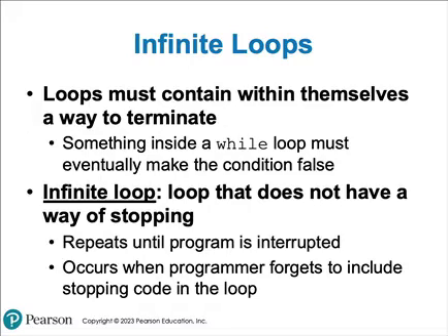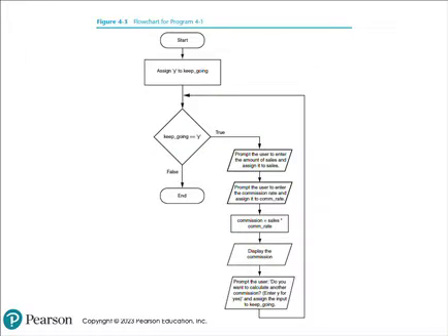Usually infinite loops are not something you would intentionally code. However, you might make a mistake. One thing I noticed in that flow chart is they asked the user, let me back up here, enter lowercase y for yes, and then, okay, I guess they are checking for lowercase y.